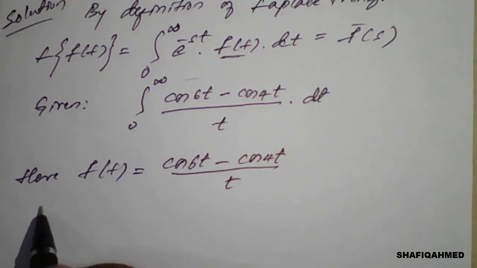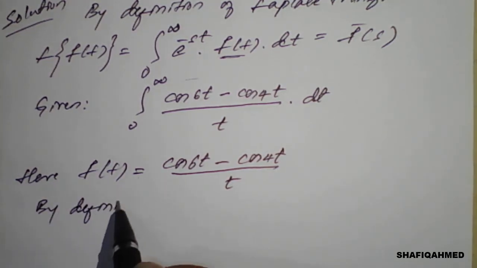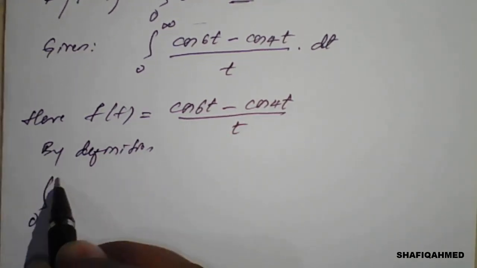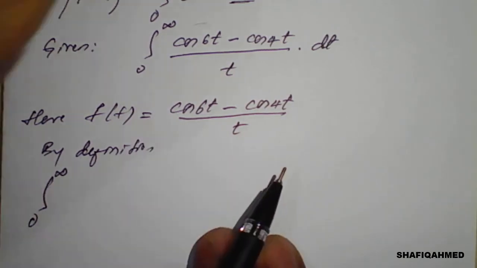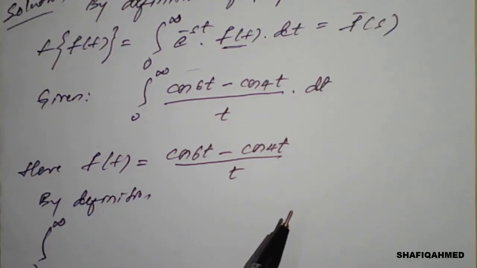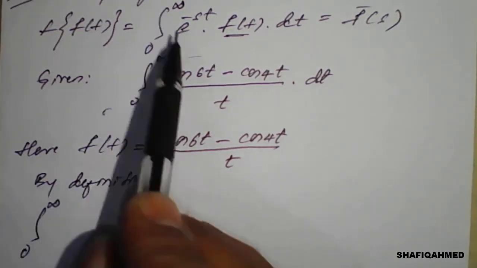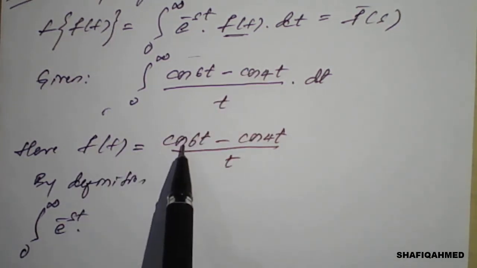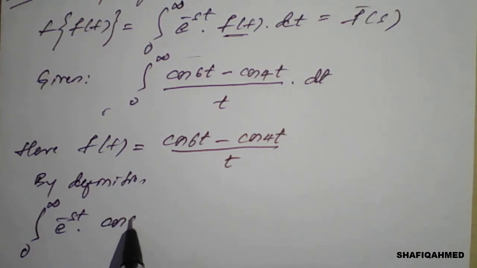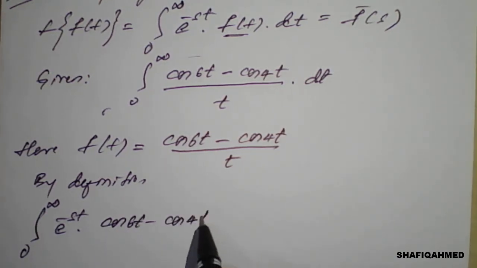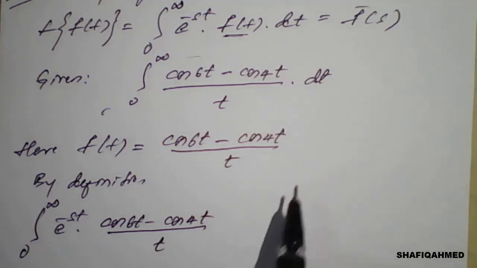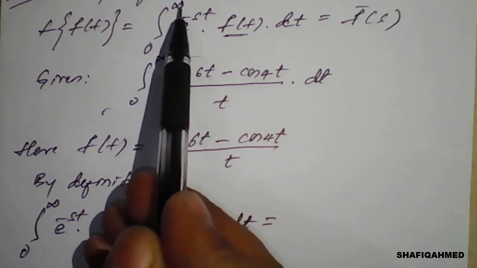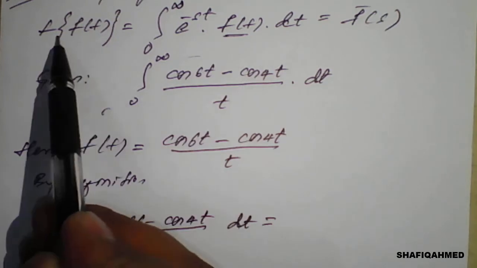So therefore by definition, I can say that integration 0 to infinity e raised to minus st into f of t, where f of t is cos of 6t minus cos of 4t divided by t, into dt is equal to, reversing the definition here, L of f of t.